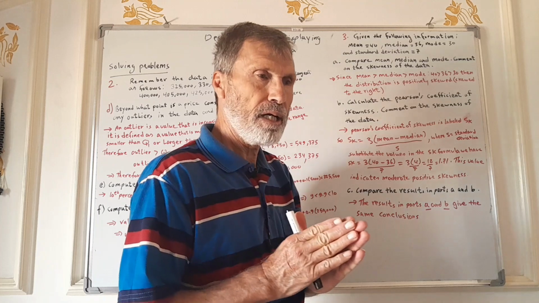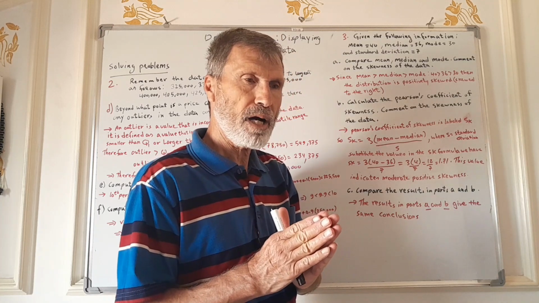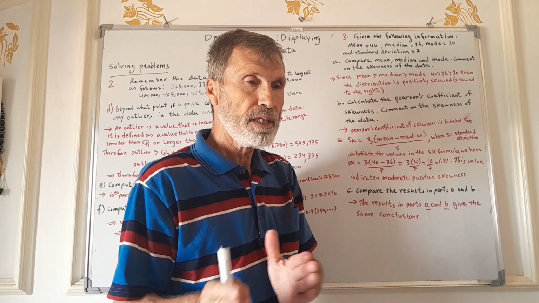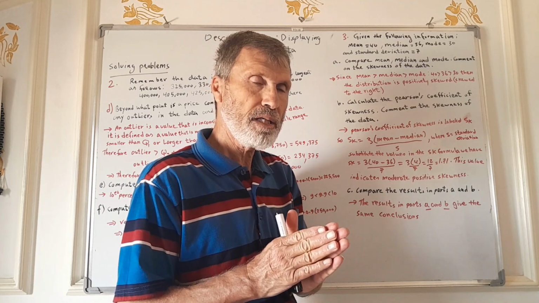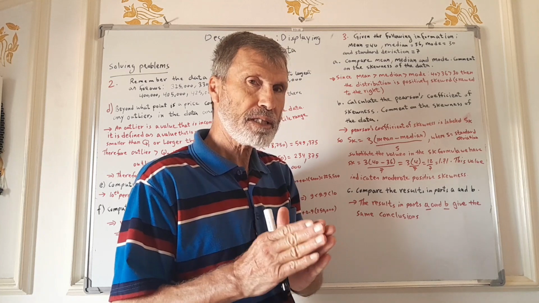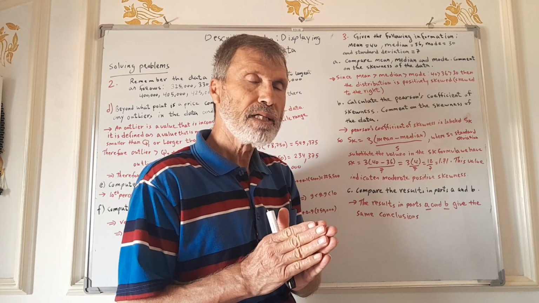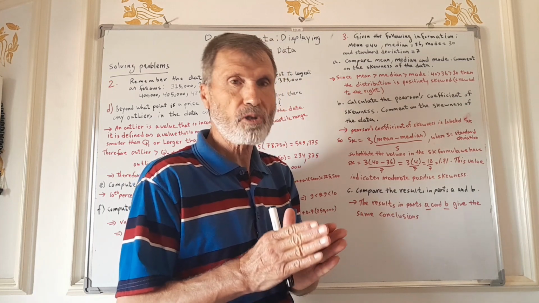Remember, in the previous question, we talked about the relative positions of the mean, median, and mode. We said that whenever the mean is greater than the median, greater than the mode, then we have a distribution that is skewed to the right, or positively skewed.